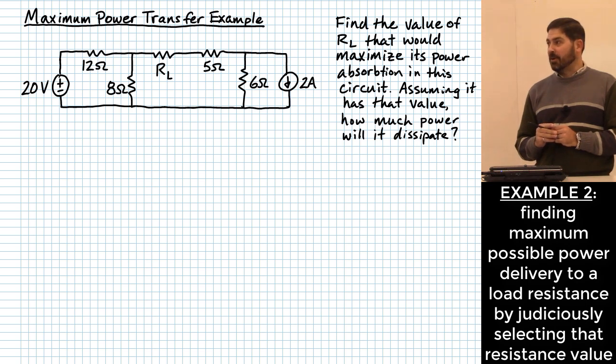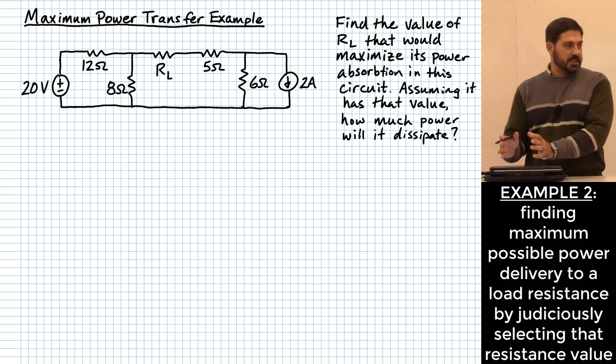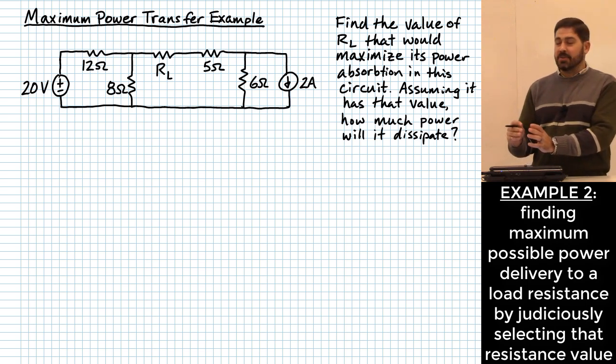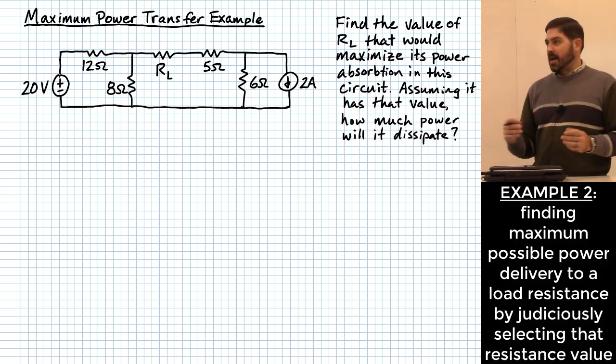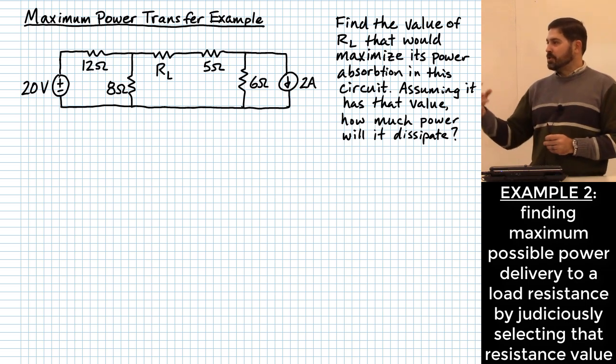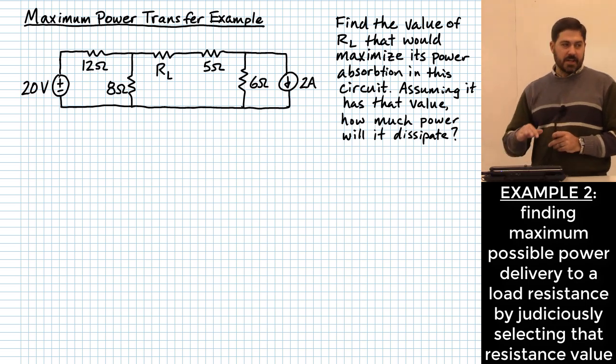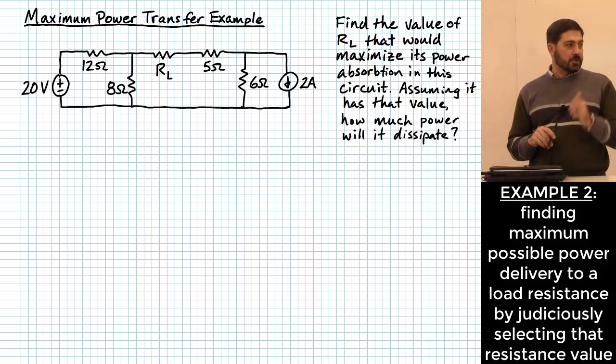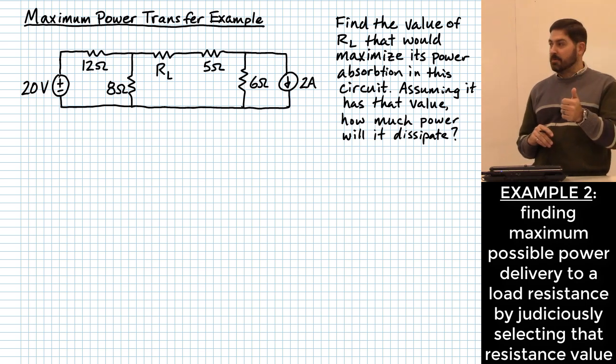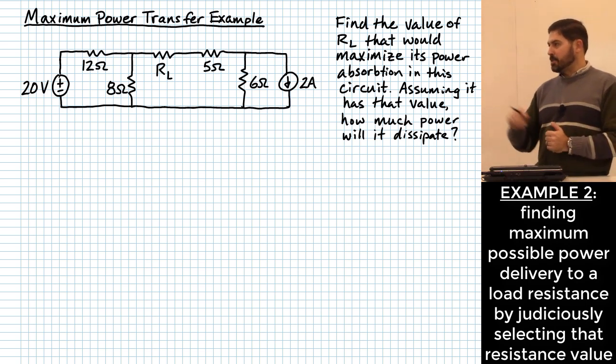You have to probably figure out what that resistance is. Here I stated a little bit more explicitly what I wanted you to do, but I just wanted you to hear that phrase. Find the maximum power that can be delivered to a well-chosen load resistor. That says essentially the same thing as what I wrote out longhand up here. First, find the resistance value that you need to make that happen, and then find how much power gets delivered in that case. Okay, so where should we start with this problem?